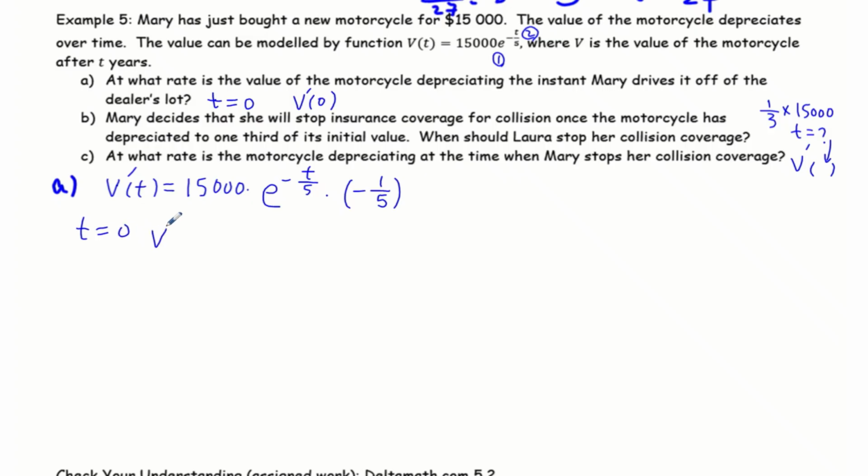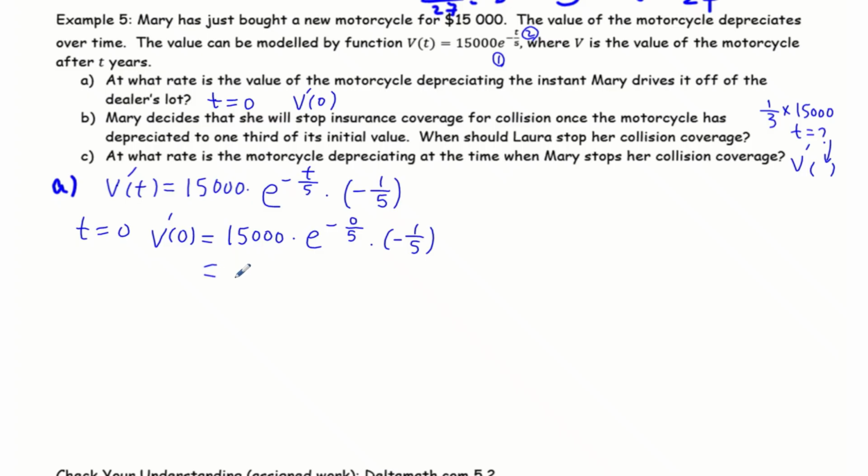So v prime of 0 equals 15,000 times e to the exponent negative 0 over 5, times negative 1 over 5. Anything to the exponent 0 is 1, so we only have 15,000 times negative 1 over 5.